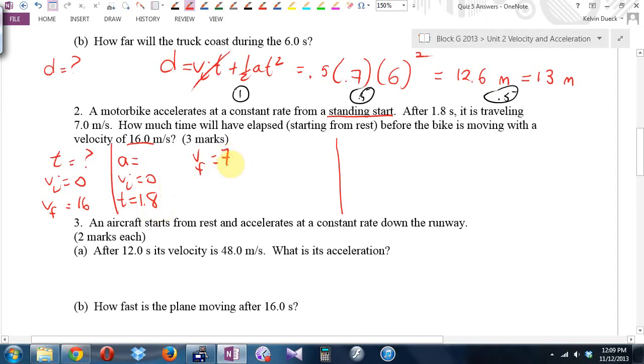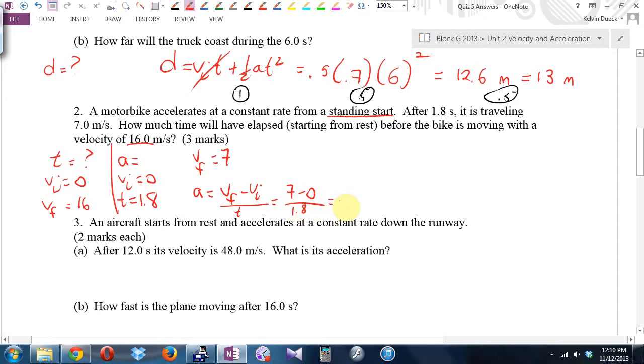Apparently, I can find the acceleration, which I can. I can use VF equals VI plus AT, but I'm running out of room. I'm going to cleverly write the A by itself already. It's change in velocity over time. It's 7 take away 0 divided by 1.8.